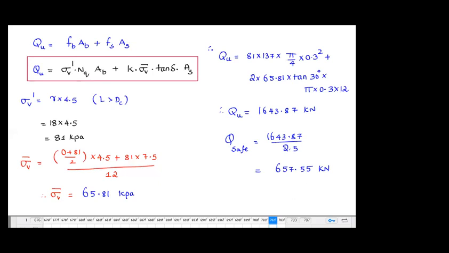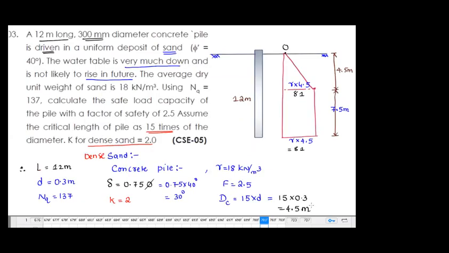It's a civil service mains question, my dear. So whatever this value, this is a mains question.